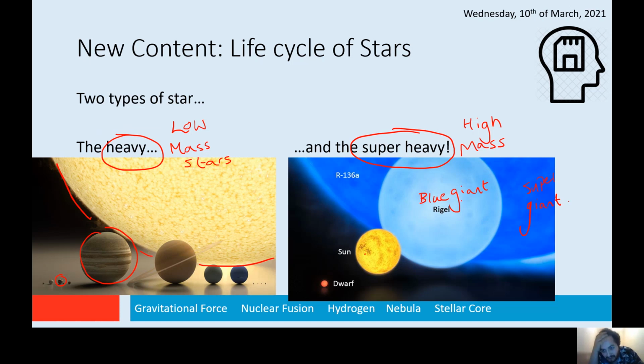However, the one thing I love about astronomy is that the names are relatively straightforward for the classification. So that's a blue giant. That's a supergiant. It makes sense. So we're going to be considering low mass stars like our sun, and then we're also going to be considering much heavier mass stars like Rigel. So these are stars that are 5-10 times the mass of our entire sun. So they're very, very, very big.